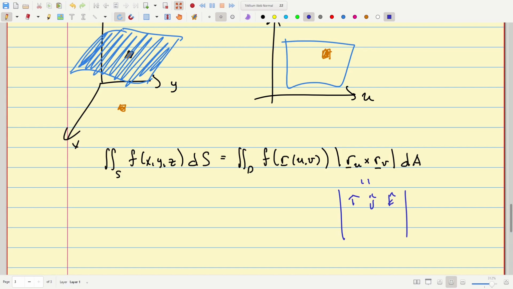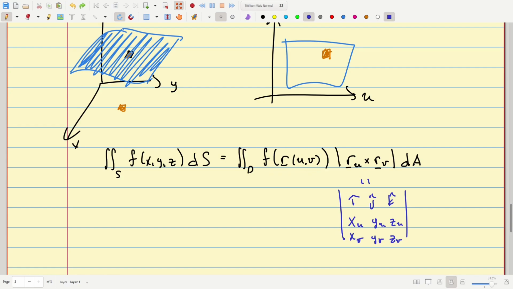So this would be x partial u, y partial u, z partial u, x partial v, y partial v, z partial v, where x, y, and z are both functions of u and v under the parameterization r here.